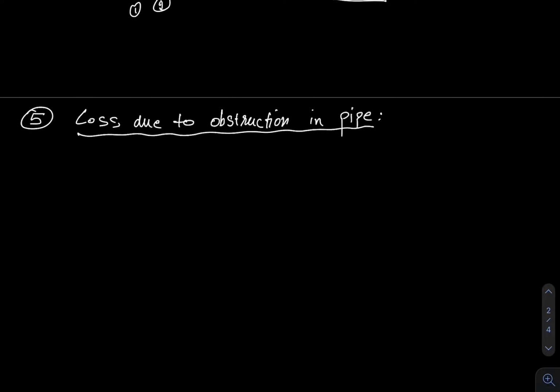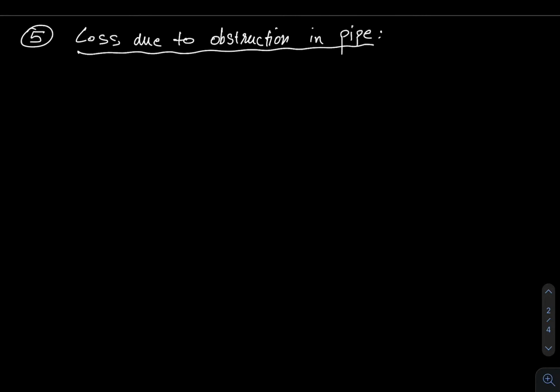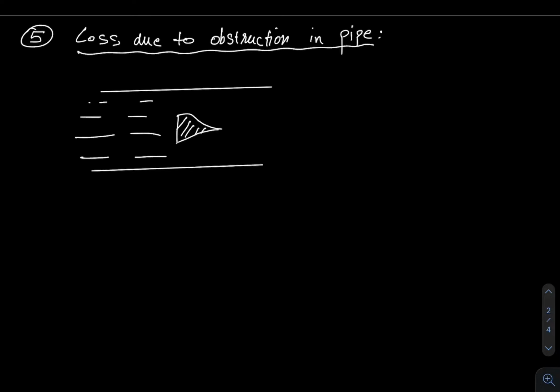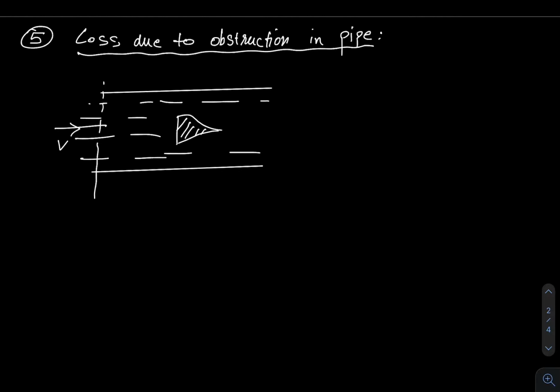What I mean by that, let's say this is my pipeline and this is the obstruction basically. The fluid was flowing in this direction. Let's say this is my cross section, and here I have velocity V. Let's say this is the flow.